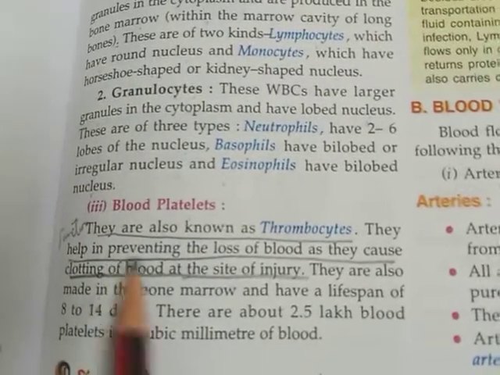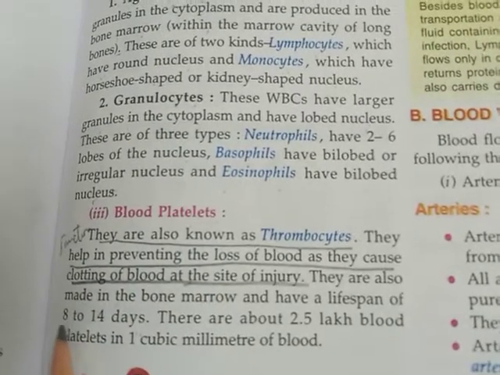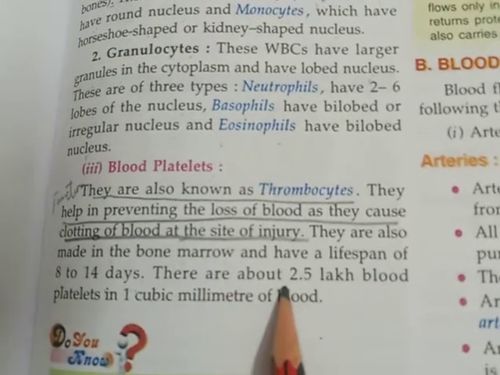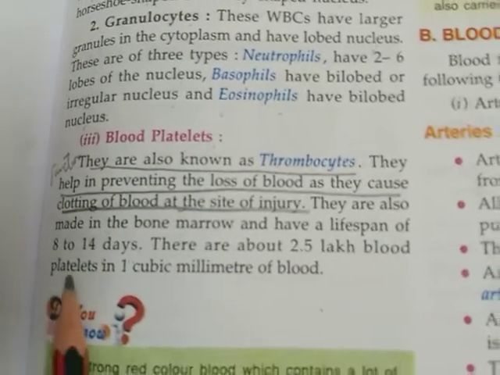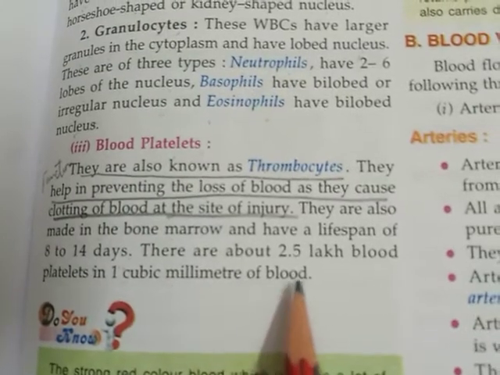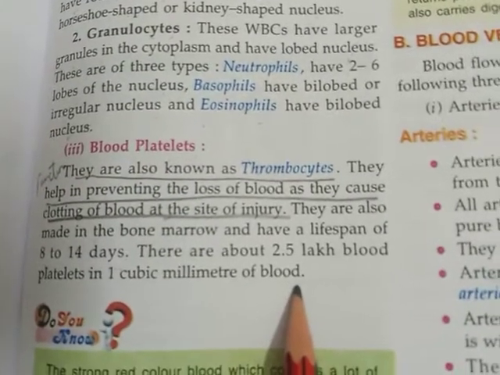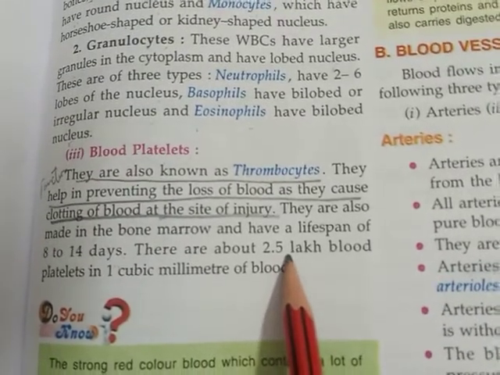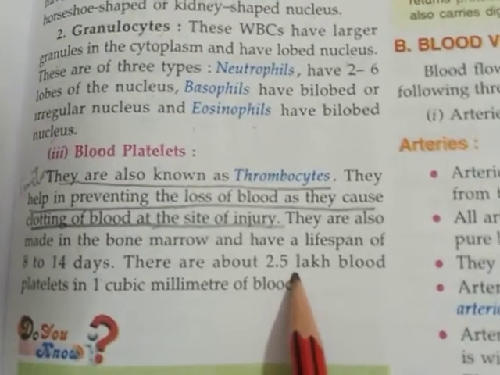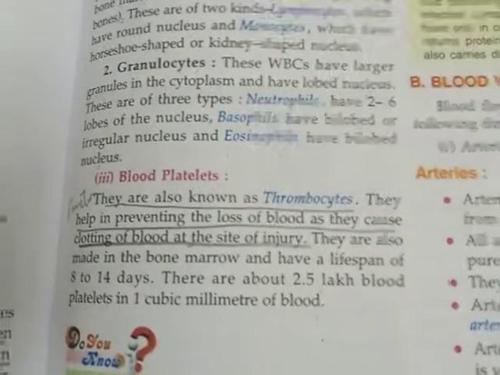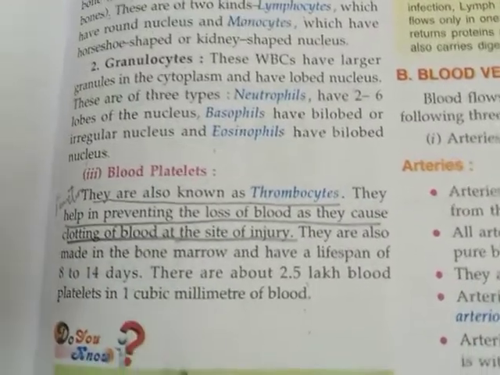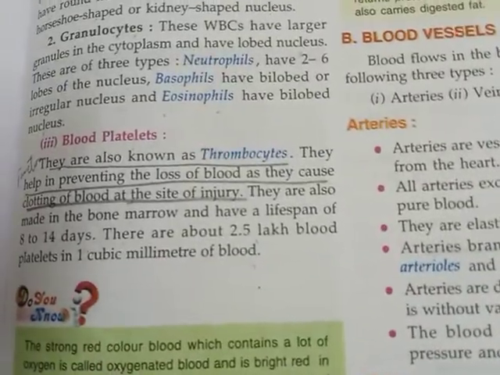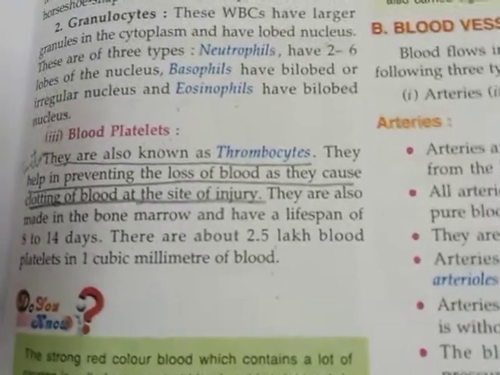And these blood platelets have a lifespan of 8 to 14 days. There are about 2.5 lakh blood platelets in 1 cubic millimeter of blood. So children, this is all about the blood platelets, that means the three formed elements which are present in the plasma.